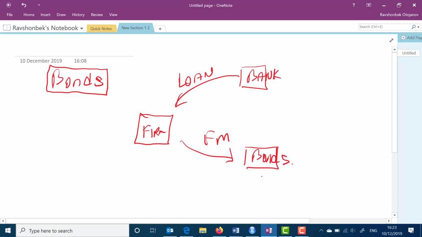Bonds are promissory notes. Long-term bonds are usually 20-30 years, short-term are usually up to a year, medium-term between 1 and 5 years. Now the bonds issued are basically securities.